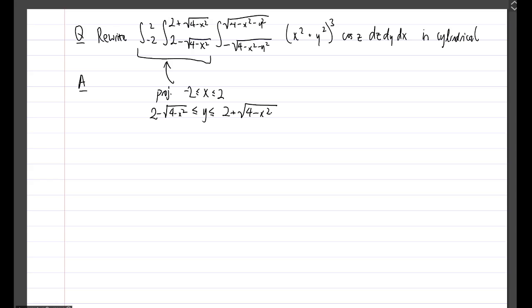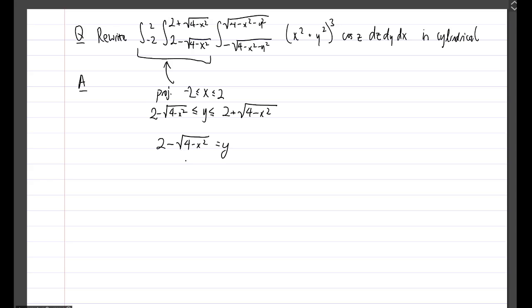So the thing to note really is if you look at x squared, let's take a look at what 2 minus root 4 minus x squared equals y is. And so to make this look more like something that we might recognize, maybe we should first add the radical to both sides.